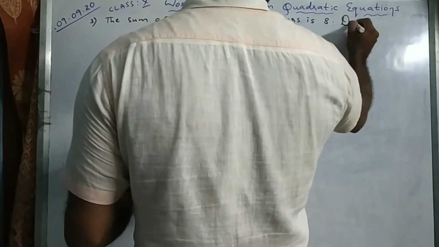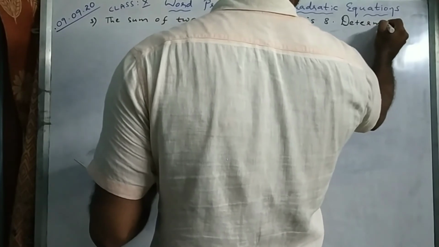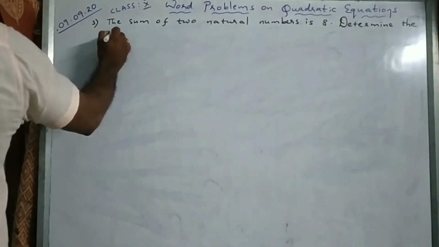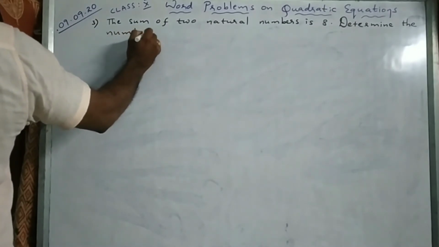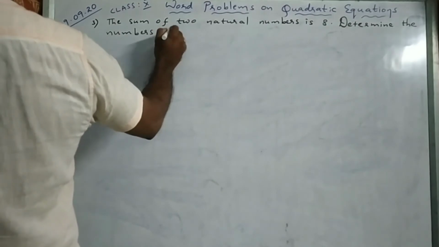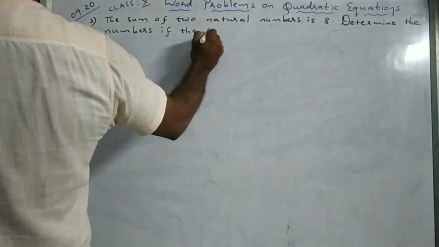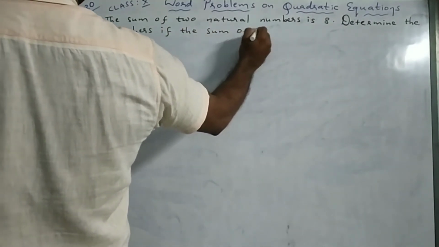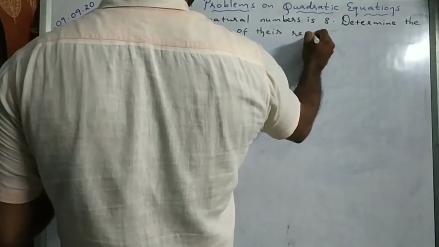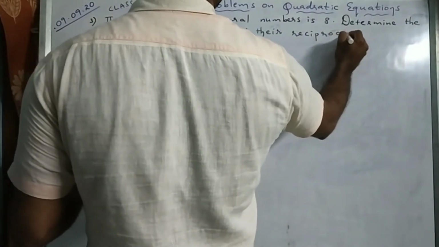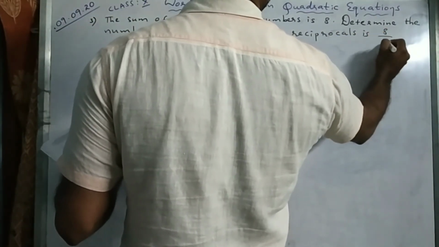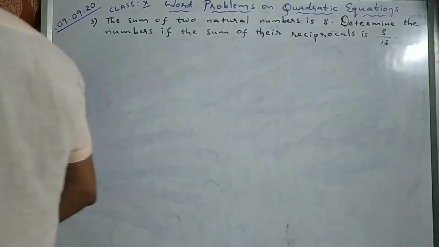Determine the numbers if the sum of their reciprocals is 8 by 15. That is the question.